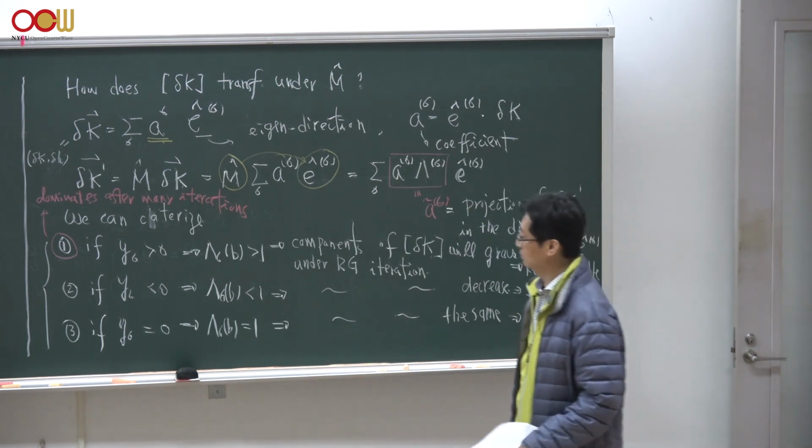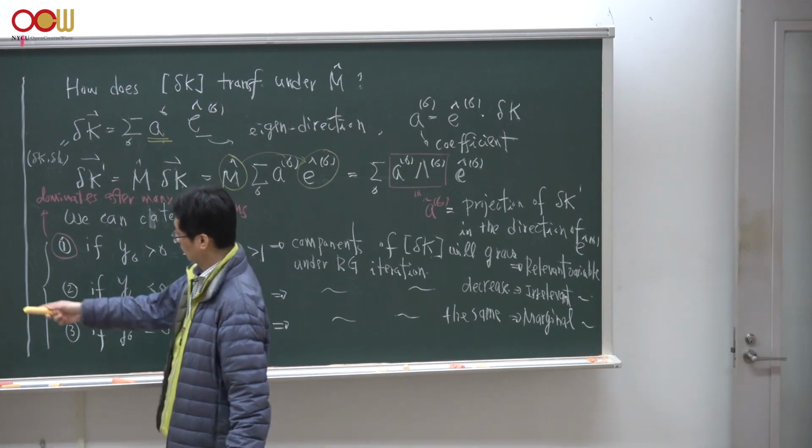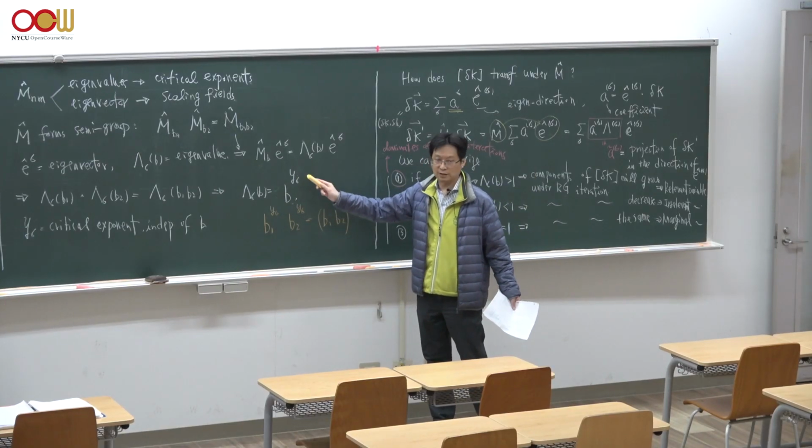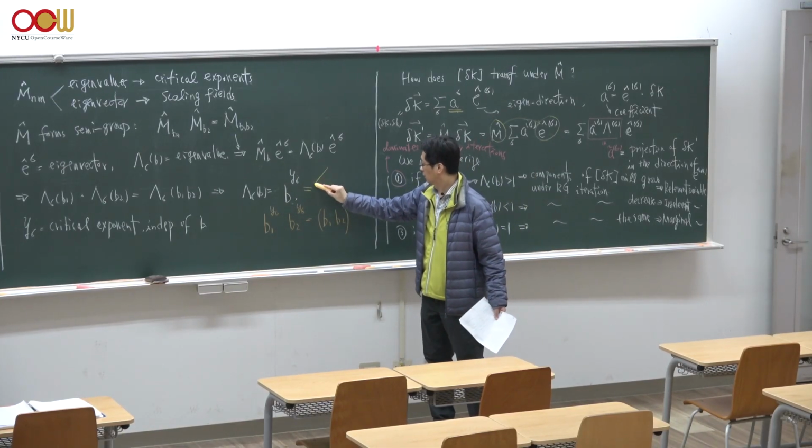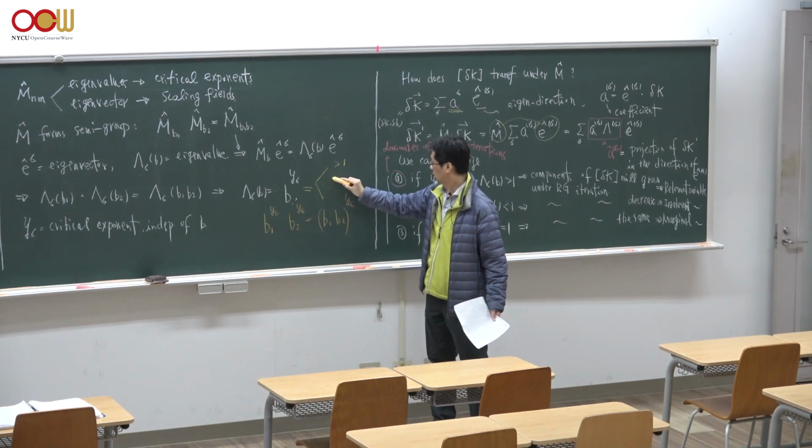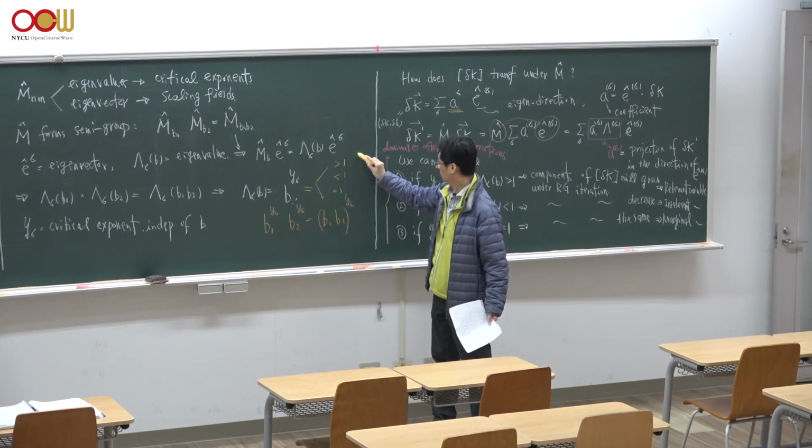And we know that lambda is actually b to some power y sigma, which can be either greater than 1 or smaller than 1 or equal to 1, depending on whether y sigma is positive or negative or 0.